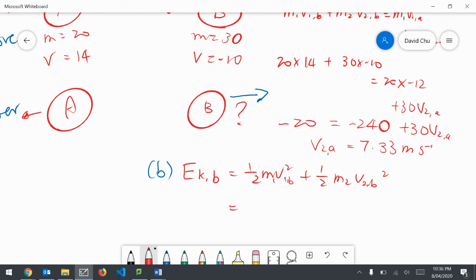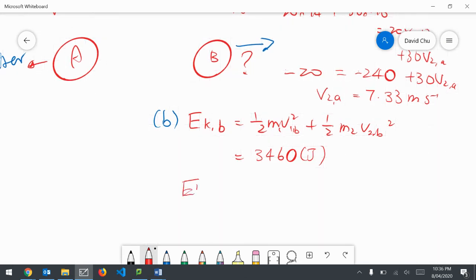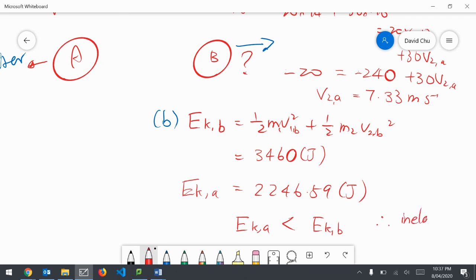Going through the calculation, that is going to give you 3,460 joules. Afterwards, 2,246.59 joules, by applying a similar calculation. And you'll find that EKA is less than EKB, hence it's inelastic.